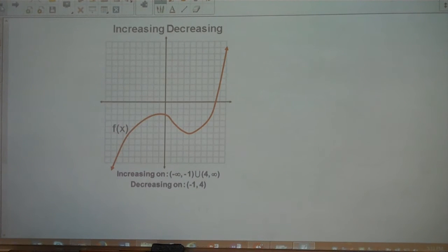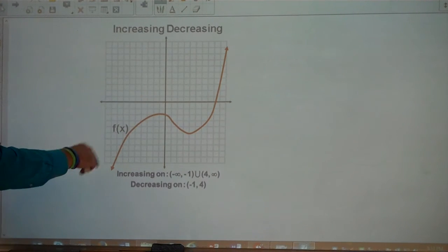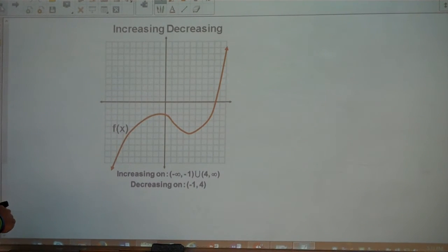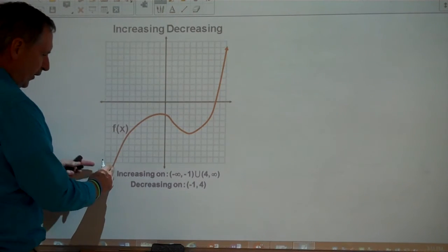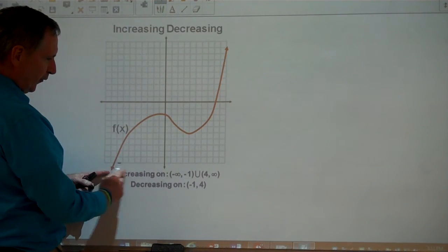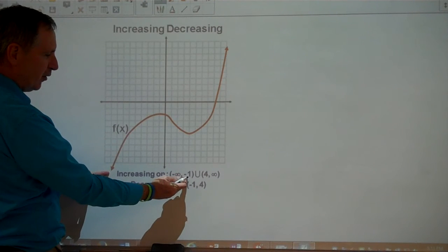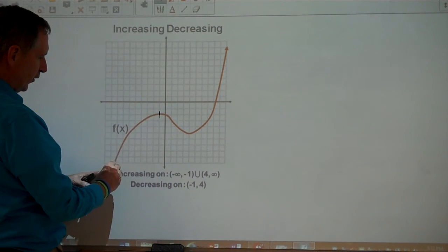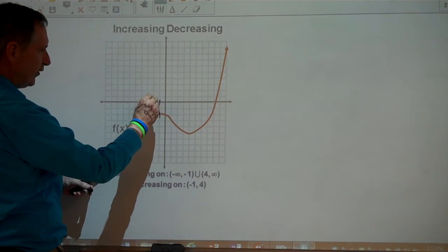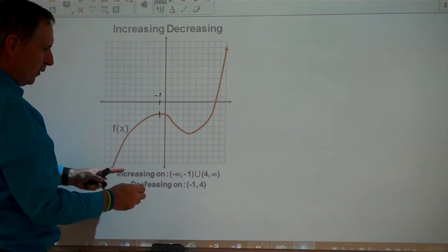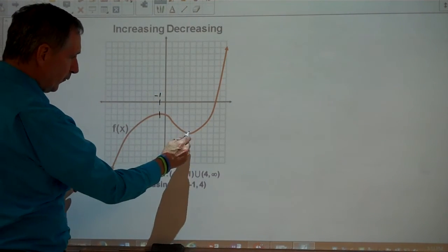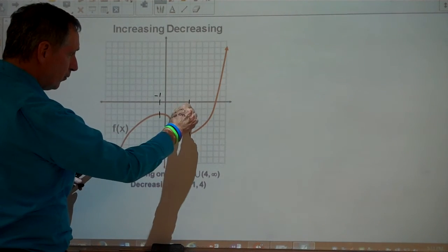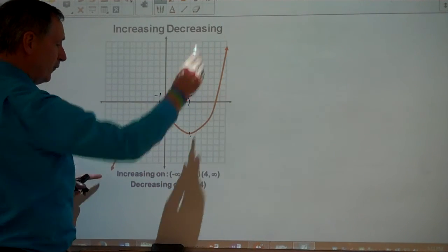Increasing, decreasing. And here's an example. This is the back of that t-shirt I have. And we say the function is increasing from negative infinity, here interval notation, up to x equals negative 1. So negative infinity up until x equals negative 1. And then also from x equals 4 toward infinity.